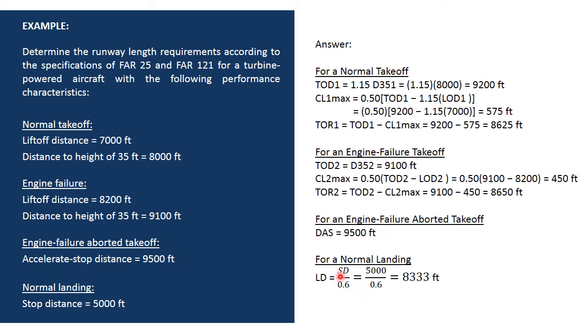The SD, the stop distance, is 5,000 feet, divided by 0.6, and this equals 8,333 feet. So this is LD for normal landing.